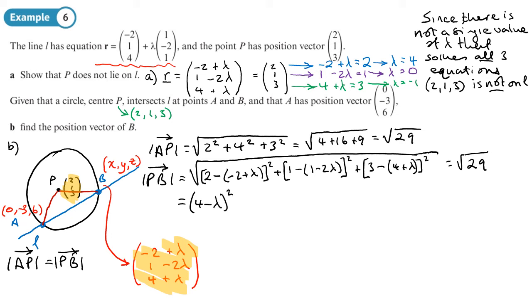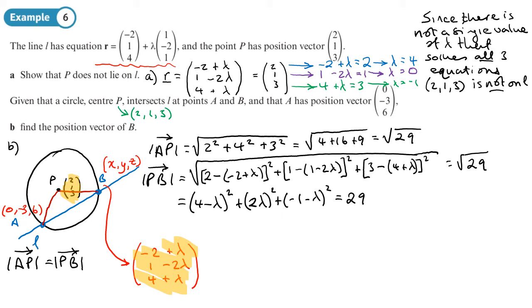So I'm dispensing with the square root sign, so that I can write this all equal to 29. The bit in the middle becomes just 2 lambda all squared, and the bit at the end I will end up with -1 minus lambda all squared, and that equals 29.